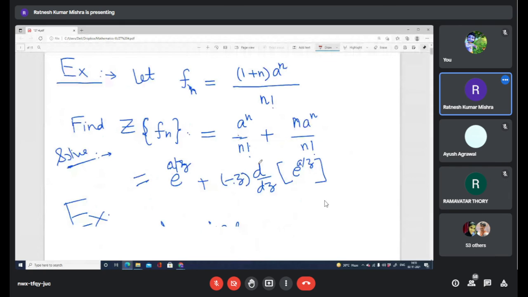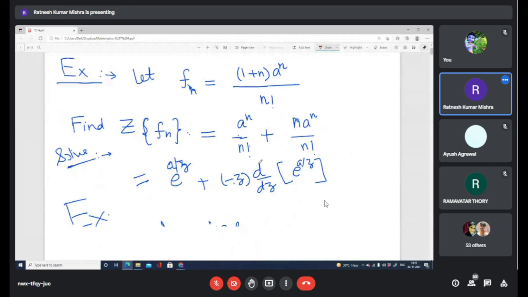Fn plus 1, Z transform. So the first one is Fn plus 1, and this is F(z) as a number.